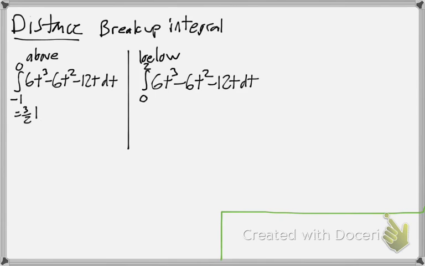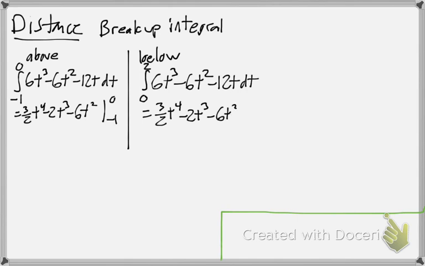It's 3 over 2 t to the fourth minus 2t cubed minus 6t squared. This is from negative 1 to 0. And then over here, same thing, just evaluated from 0 to 2. So this will be 0 minus a negative 2.5, which is 2.5. This will be negative 16 minus 0, which would be negative 16.